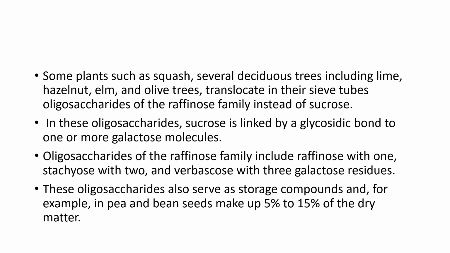Some plants such as squash, and several deciduous trees including lime, hazelnut, elm and olive trees translocate oligosaccharides of the raffinose family in their sieve tubes instead of sucrose.